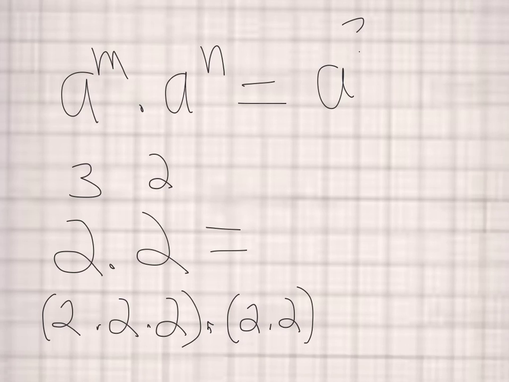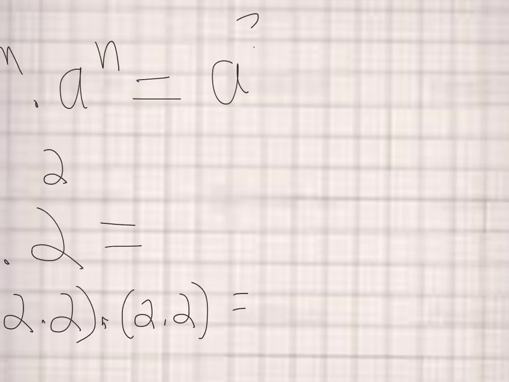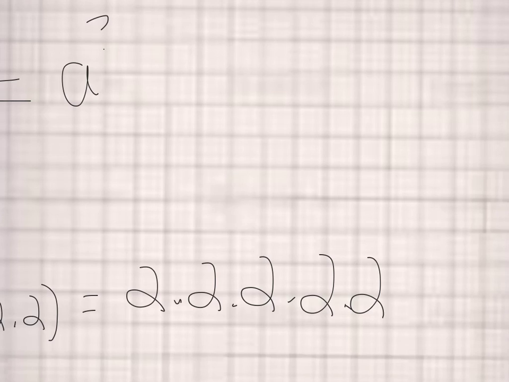As you can see, I end up with 2 times 2 times 2 times 2 times 2. Since exponent simplifies multiplication, this gives me 2 to the power 5.